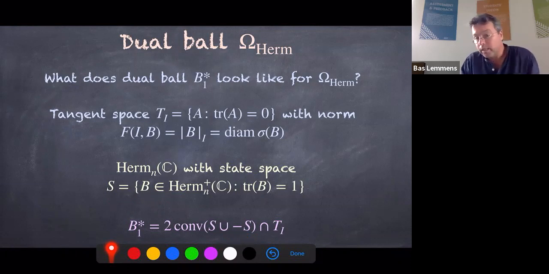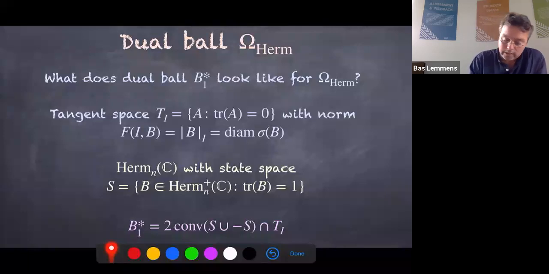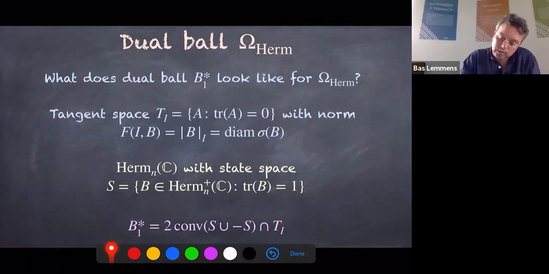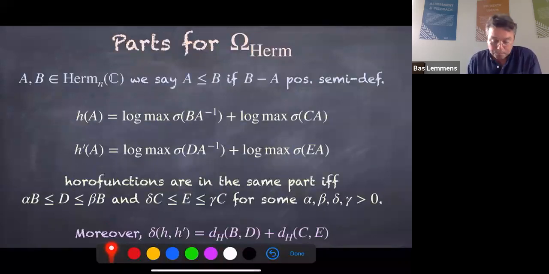That gives me a nice solid ball in the space of n by n Hermitian matrices. I blow this ball up by a factor 2, so I give it radius 2, and then I intersect this with the tangent space. That intersection gives exactly this ball. Okay, so that's useful.